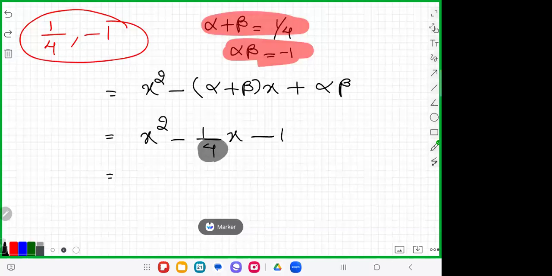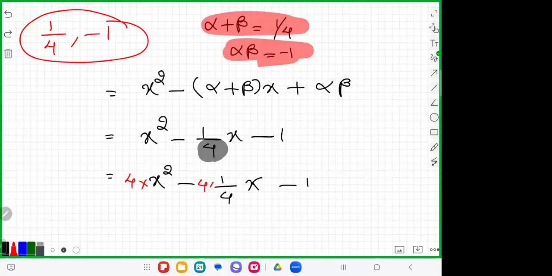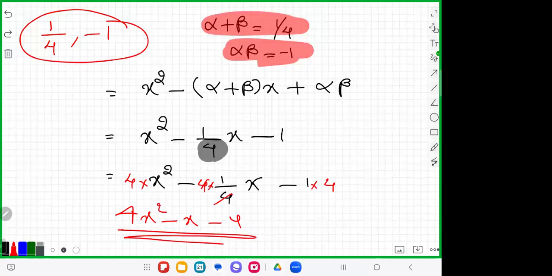What is the denominator? 4. Right? So multiply throughout with 4. 4 into x square, 4x square. This 4 and 4 cancel, minus x is remaining, and this is minus 4. So 4x square minus x minus 4.